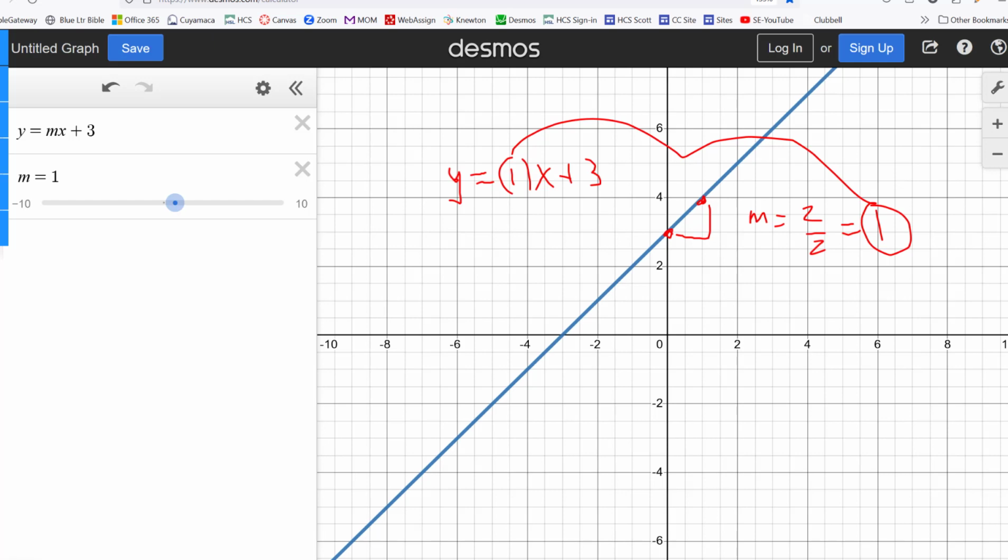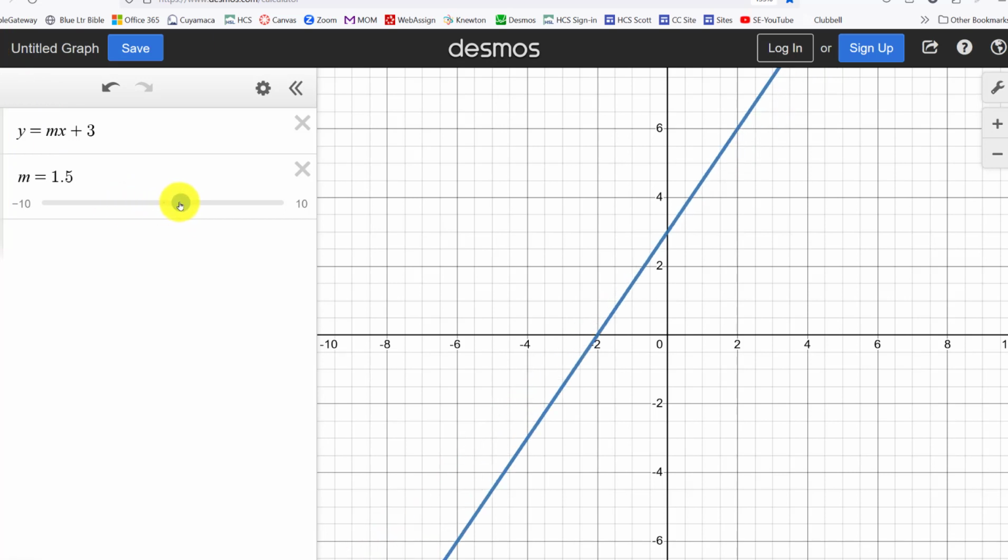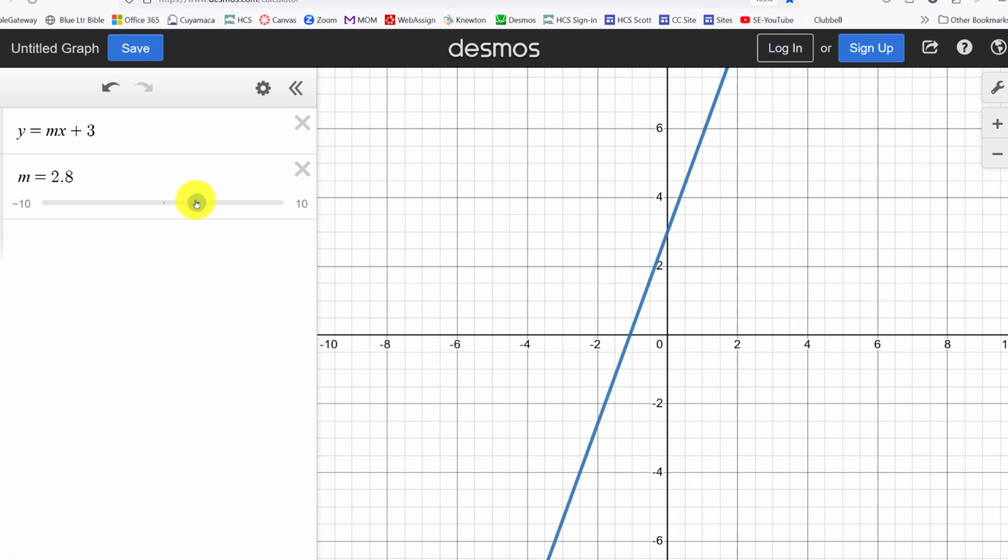Now what happens if we change the M? Okay, so I'm going to change the M and make M bigger. Let's move M up to, let's say, 4. There it is, 4. Okay, so what happened to the line?